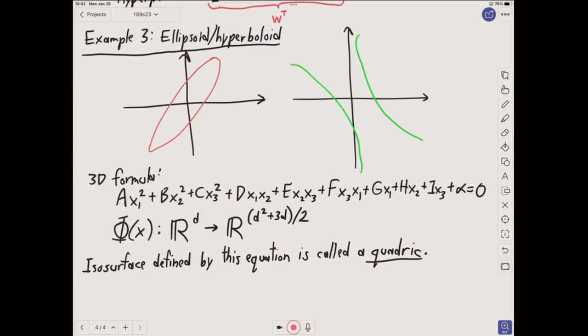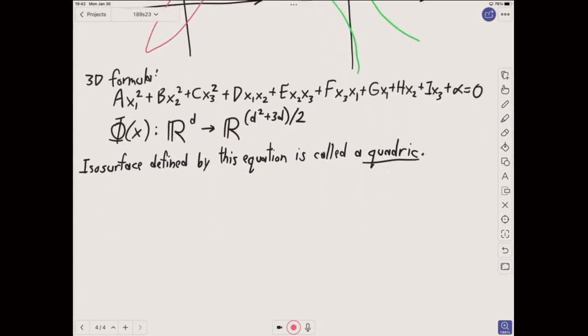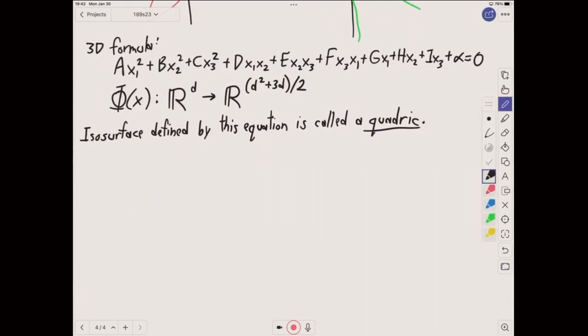What if we want to go to even higher degree polynomials? Well, why not? Let's look at how we would do that. I now want to allow my decision function to be any general degree p polynomial.